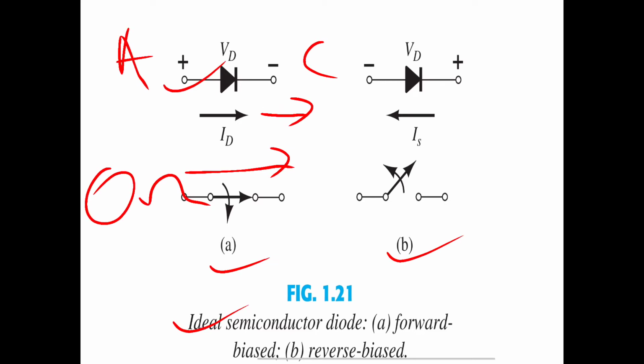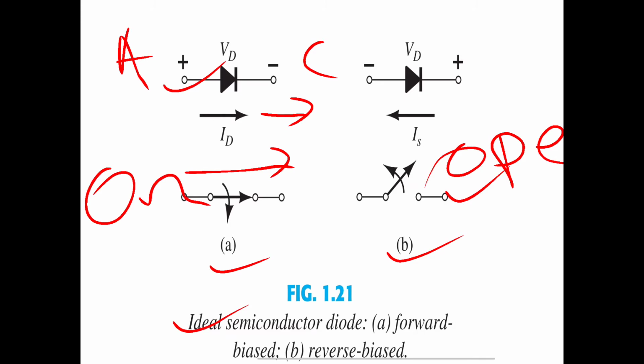Figure B is for the reverse bias diode, and this figure represents the ideal diode characteristic of the reverse bias diode. Ideally, if we assume the reverse bias diode, then it acts as an open circuit.